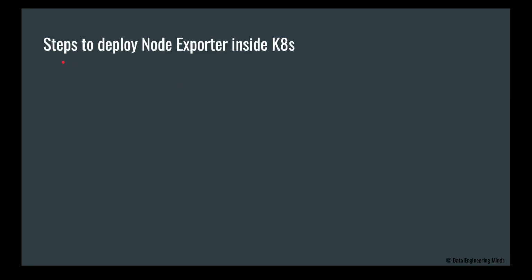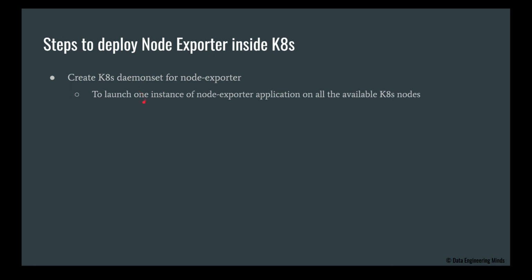Now we will see what are the steps that are needed to deploy the NodeExporter application inside Kubernetes. The first step is we need to create a Kubernetes daemon set for the NodeExporter. So what is a Kubernetes daemon set? A Kubernetes daemon set makes sure that one instance of the application that we would like to deploy inside the Kubernetes cluster, which in our case is the NodeExporter, is running on all the available nodes inside your Kubernetes cluster.